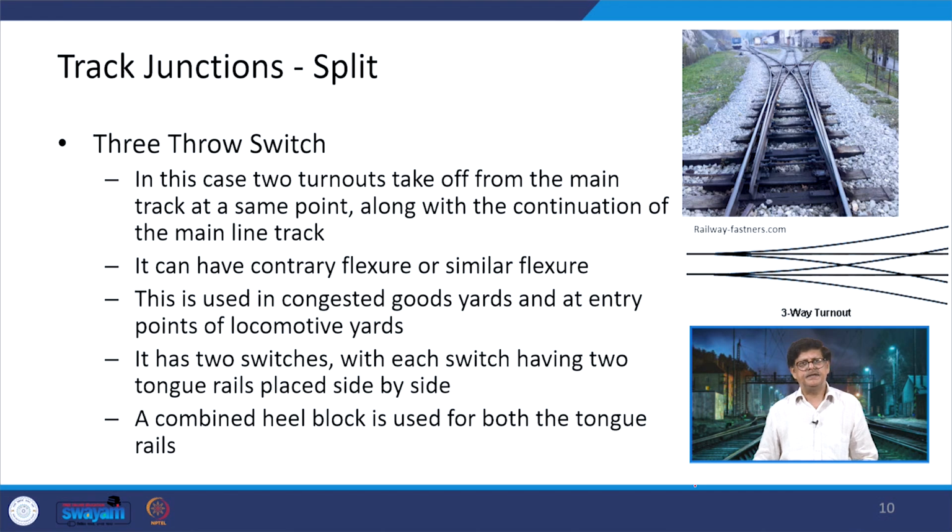The third category is a 3-throw switch. If you see here, you are coming from this direction, that is the main line. In this case, this main line is going continuously ahead, whereas there is one line which comes out of it and goes towards the left, and another line which comes out and goes towards the right.